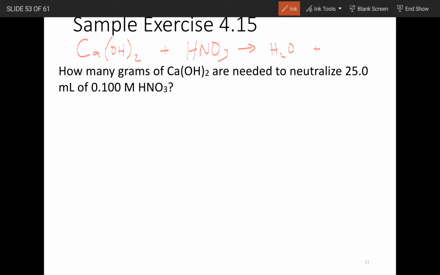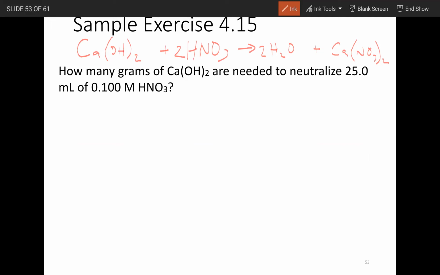And then since we have calcium hydroxide and nitric acid, we're going to wind up creating calcium nitrate. So when we go to balance it, we'll need 2 of those nitric acid molecules for every 1 calcium hydroxide. And then that'll also give us 2 water molecules for every 1 calcium nitrate.